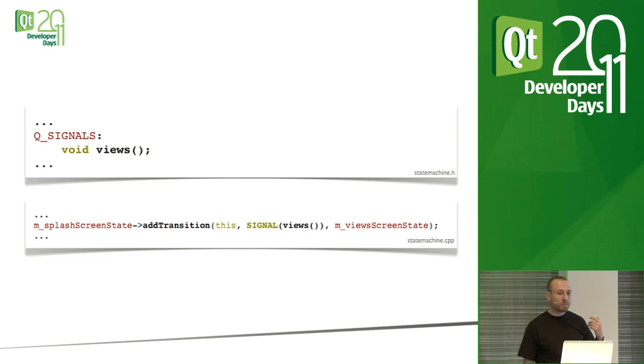And to be able to move from one state to the other, we have to define transitions. And then we're talking about transitions in the state chart sense of transitions, not animations, but the condition for moving from one state to the other.